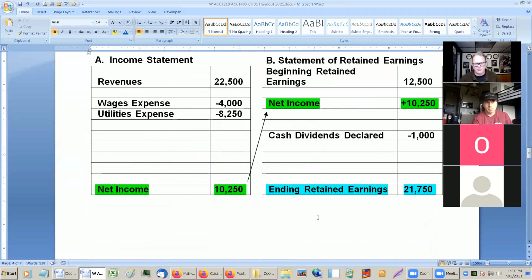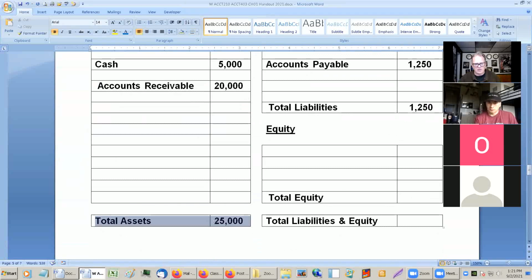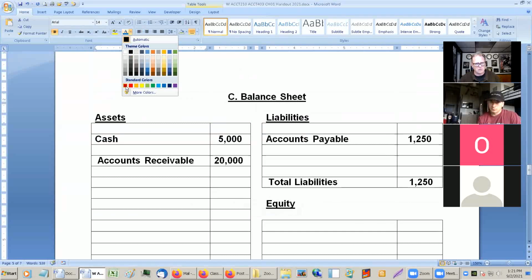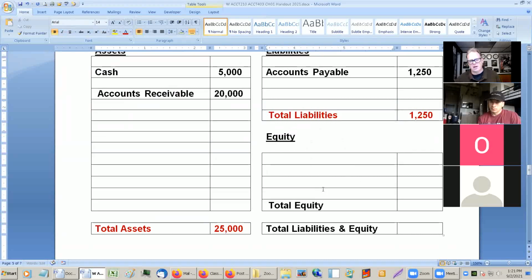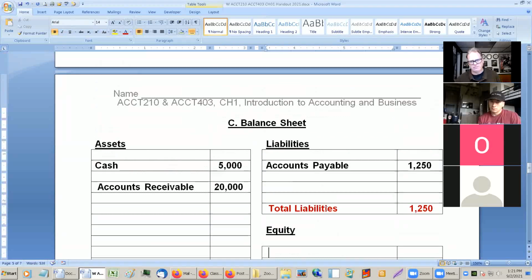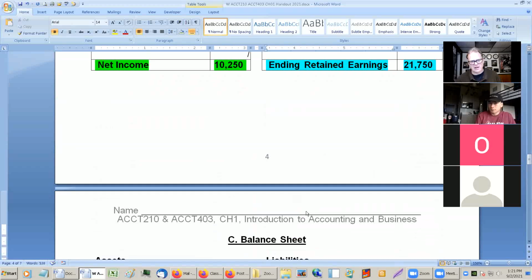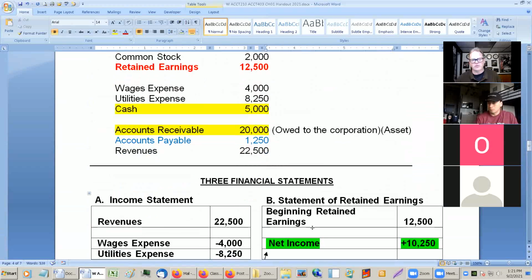Okay, so let's see here. These are the revenues. And in the equity section, we have common stock, 1,000.